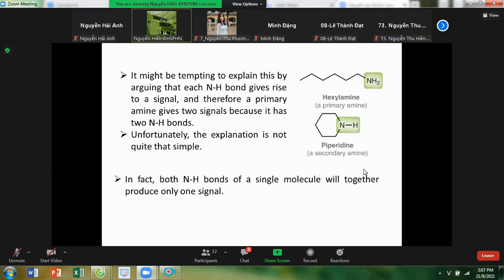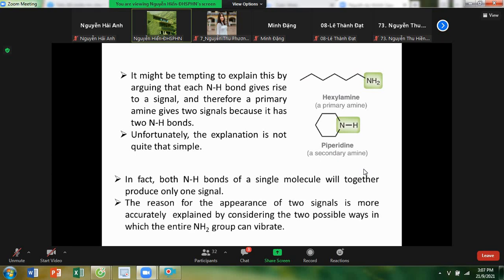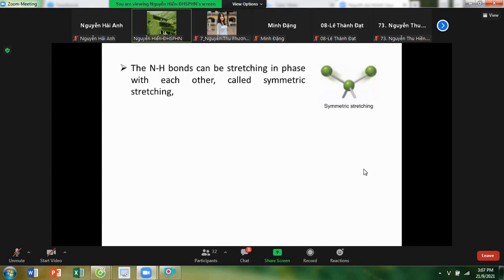Because they are actually the same. They're actually identical. But these two NH bonds can have different vibrations at the same time. So two NH bonds can have two possible vibrations at one moment, and this will produce two signals.